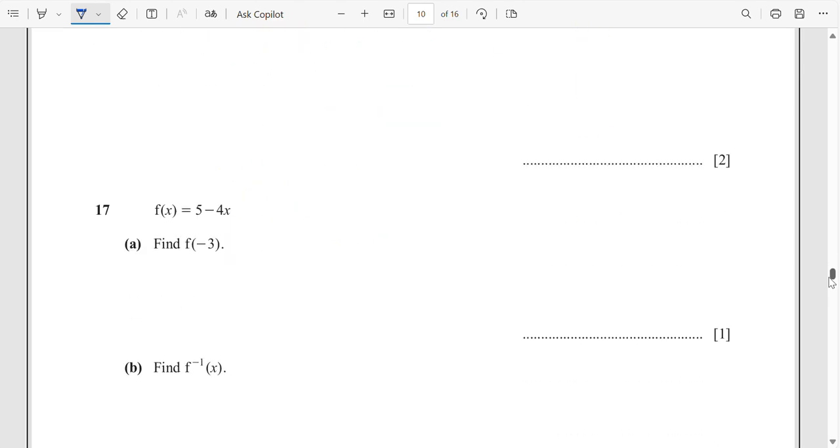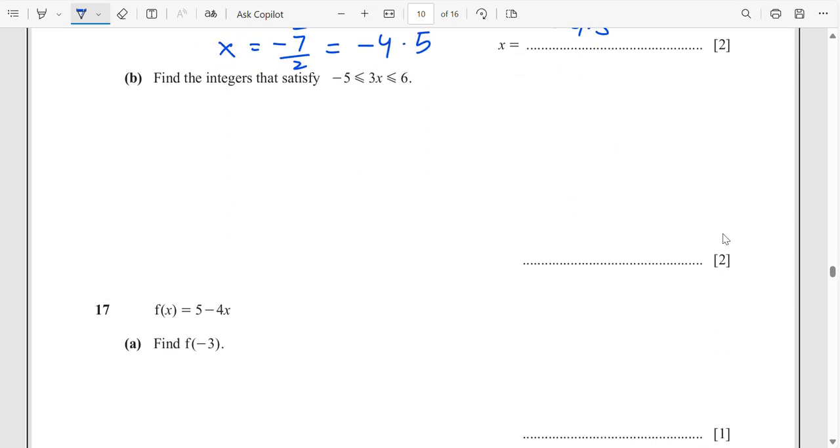Part B is find the integers that satisfy this inequality. So when we have something like this, we'll take this as 1 and then this as another 1. So over here, we'll have x, we'll take 3 over there.